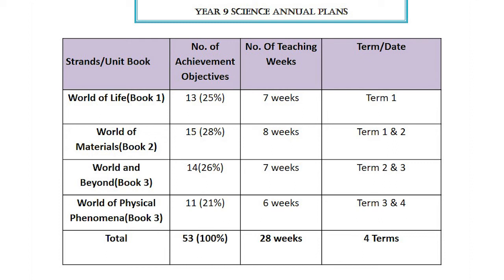Most of our time should be spent on teaching in the first term and the second term. Okay, so that is an example of the subject's annual plan, given as the Year 9 Science annual plan.